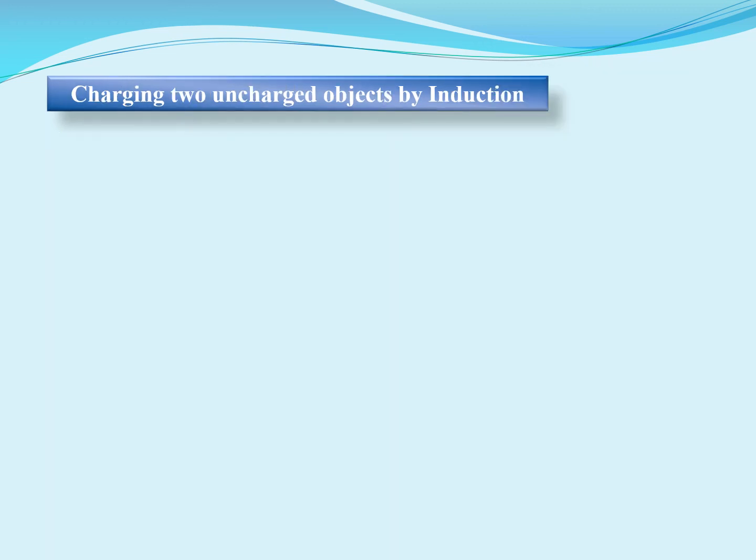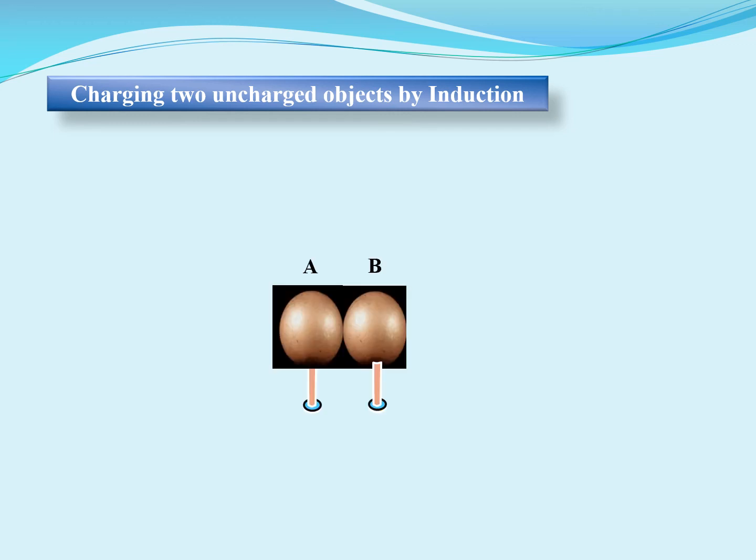Let us now consider the method of charging two bodies by induction. Initially, let us say A and B are two neutral bodies or two uncharged bodies placed in contact with each other, but they are supported on an insulating stand.